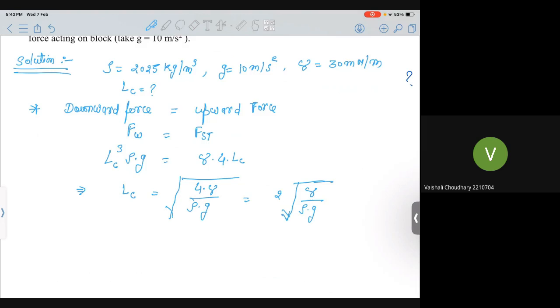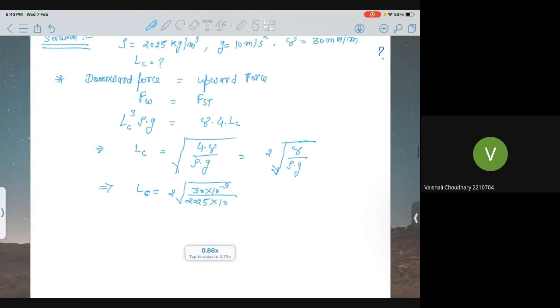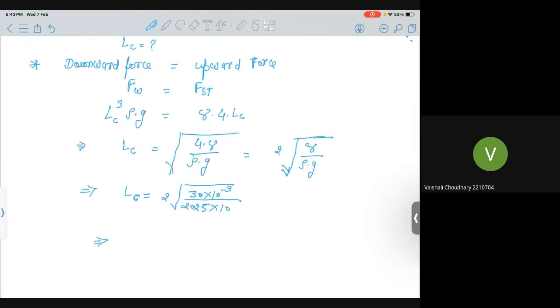Okay, now we can calculate the critical length LC of 2 times gamma, which is 30 milli, that is 10 to the power minus 3, rho is 2025, and g is 10. So the critical length is 2.43 mm.